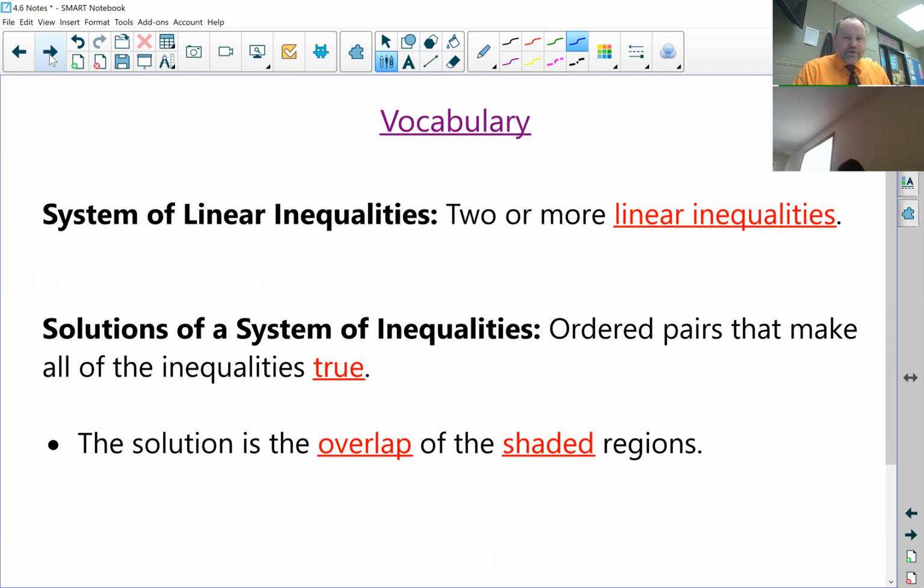So again, just some vocabulary. A system of linear inequalities is two or more linear inequalities in the same variables, just like a system of equations. Solutions of a system of inequalities would be all the ordered pairs that make all of the inequalities in the system true. Graphically, the solution is the overlap of the shaded regions.